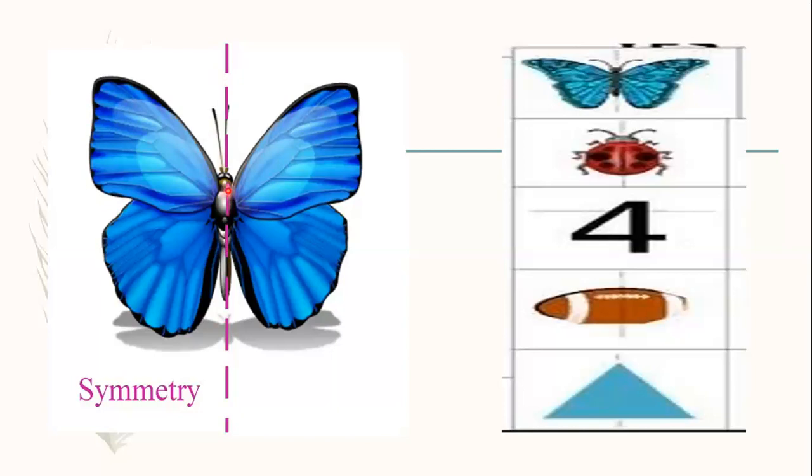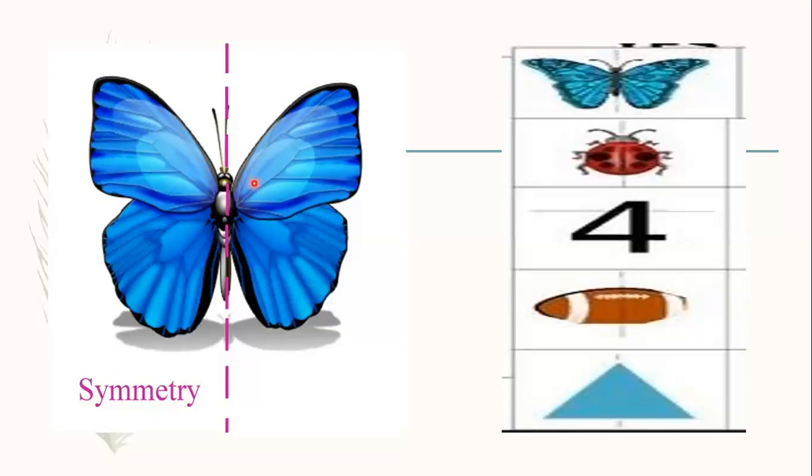Or we fold the figure through the imaginary line, and if both parts cover each other, it is symmetrical. Or if we keep a mirror along this line and can get the other side of the figure in the mirror, then also it is said to be symmetrical.